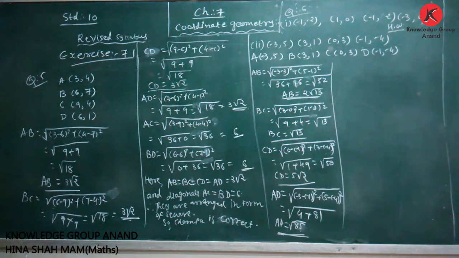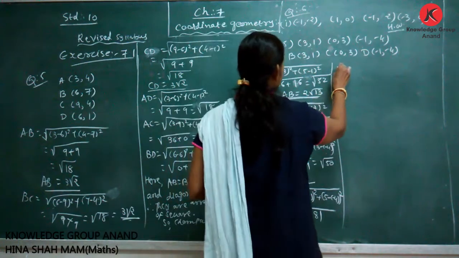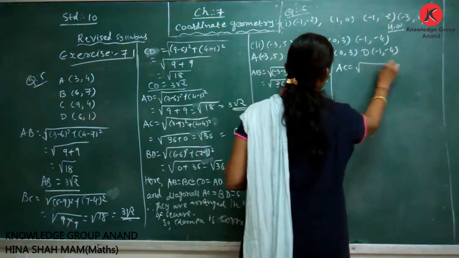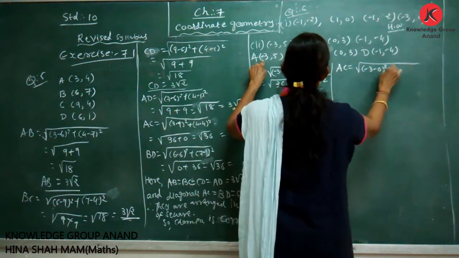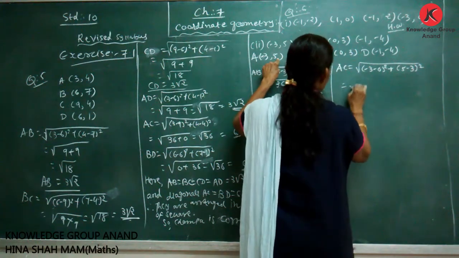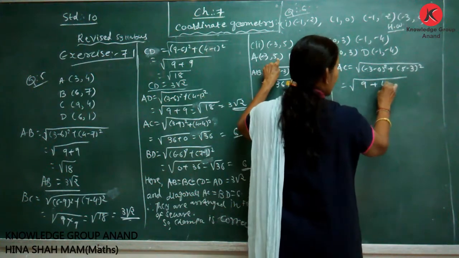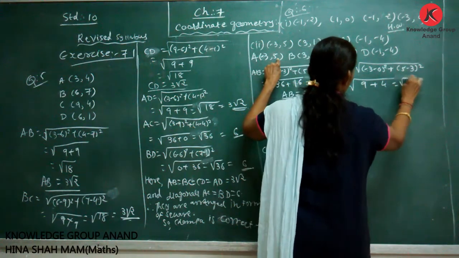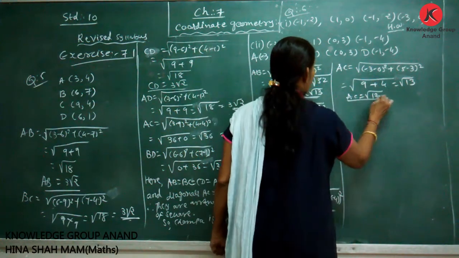Now we find its diagonals. AC: (minus 3 minus 0) square plus (5 minus 3) square, equals minus 3 square 9, plus 2 square 4, equals root 13. AC is equal to root 13.